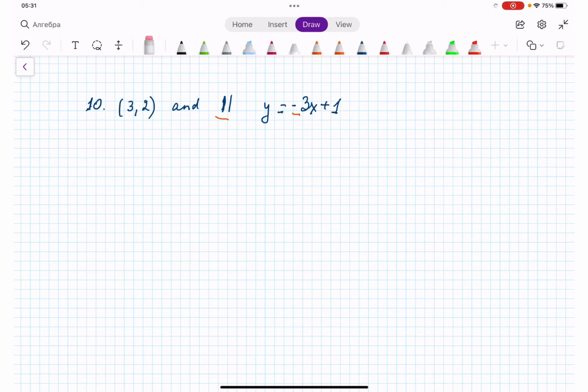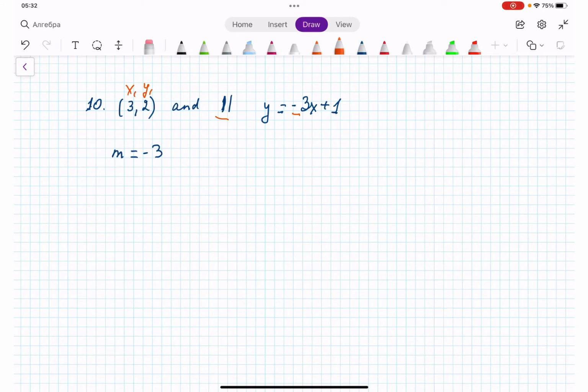Okay. So let's write down right away. Our m, the slope, is going to be negative 3, right? Okay, and we have here x1 and y1. So how are we going to find the equation of the line that passes through point (3, 2) and is parallel to y equals negative 3x plus 1?